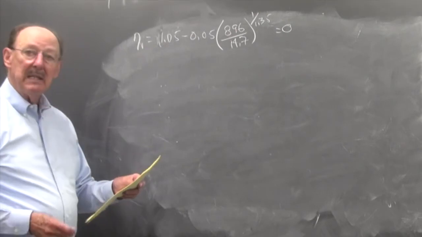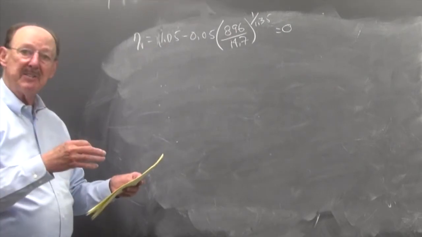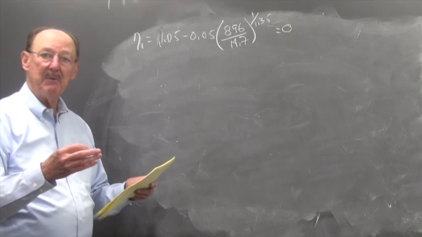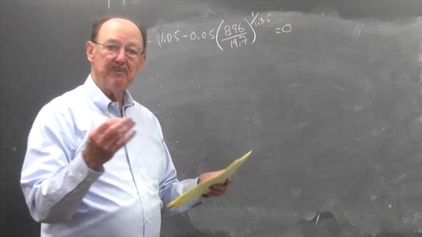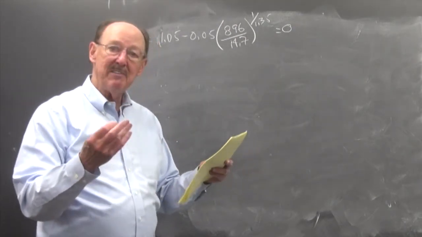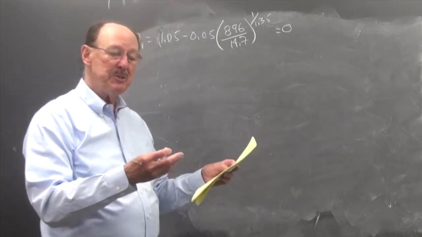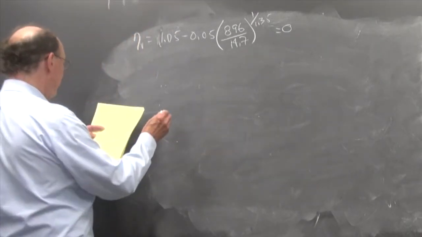So now, let's look at the prior example. The prior example that we did with R12 in the refrigeration area, we had that the volume flow rate at the compressor inlet was 221.1 cubic feet per minute.